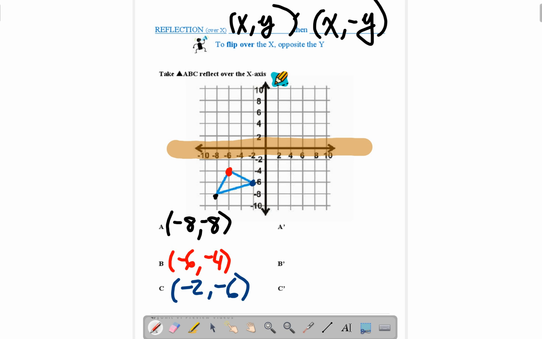So we're going to flip over the x-axis, so we're going this way. It's kind of helpful just to guesstimate where you're going. We're going over the x-axis. So now we opposite only the y coordinates. To flip over the x, you opposite the y. That's going to be called A prime.